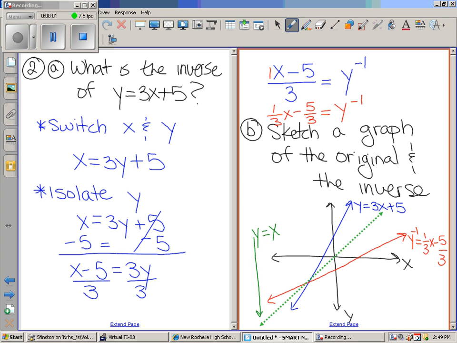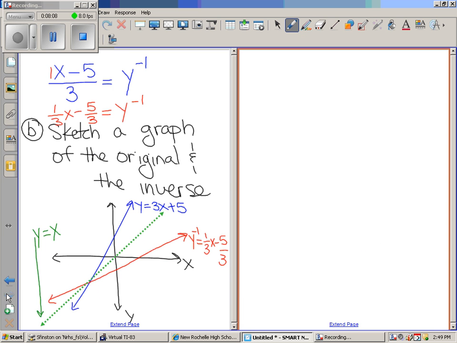is a very famous line. It's the line y equals x. Okay? It's a very famous line because, and let's put this down, this is something that you should know.